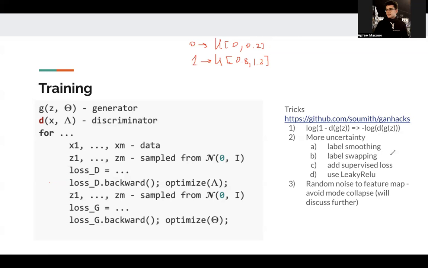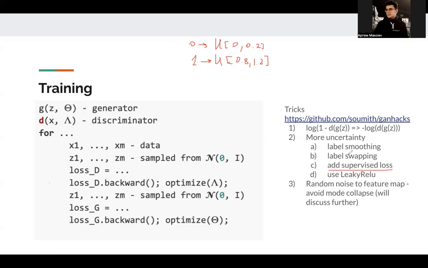Label swapping. Sometimes we want to swap labels and make examples incorrect, so we tell the model to be robust if there is false data. Another trick is to add a supervised loss.